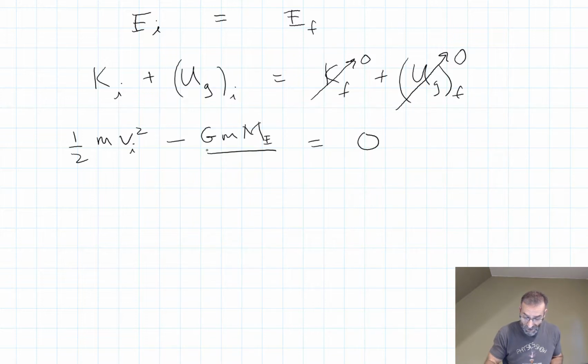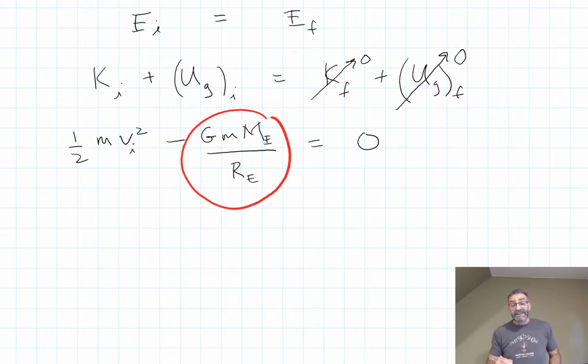And how far apart are our objects? The radius of the Earth. Our object is on the surface of the Earth, so they're a distance R_E apart. Remember, it's 1 over r, not 1 over r squared. So there's 3 things here to remember. Number 1, the object is moving so far away, we can't use our gravitational potential energy equals mgy.